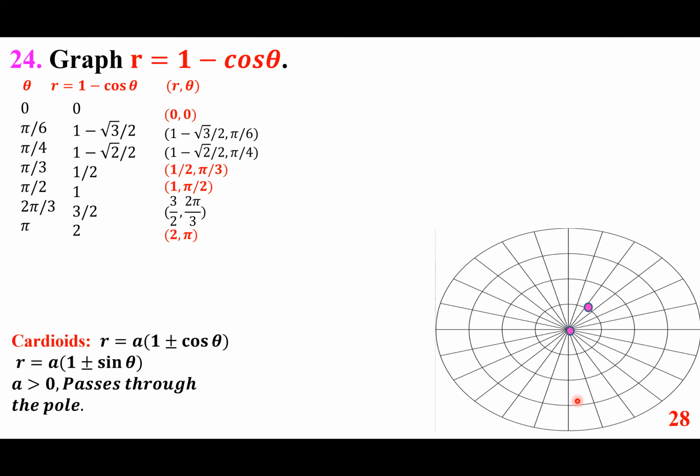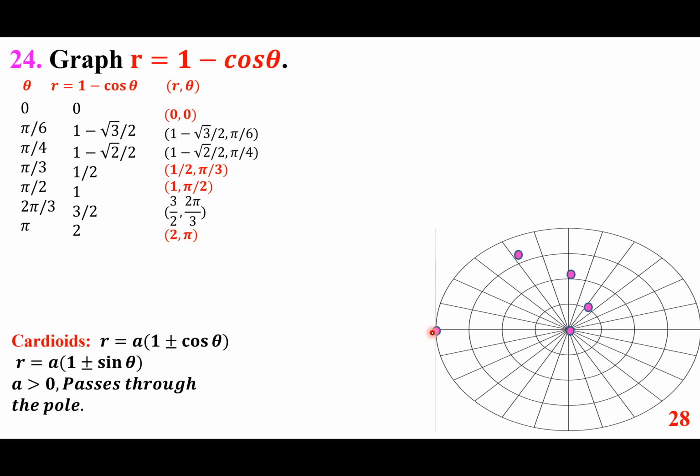So 1 and pi over 2. Pi over 2 is here, and you go 1 tick mark, which in this case we decided to go with half and half. So 2 and pi. Pi is along this line, and we said this is half, 1, 1.5, 2, so somewhere here.